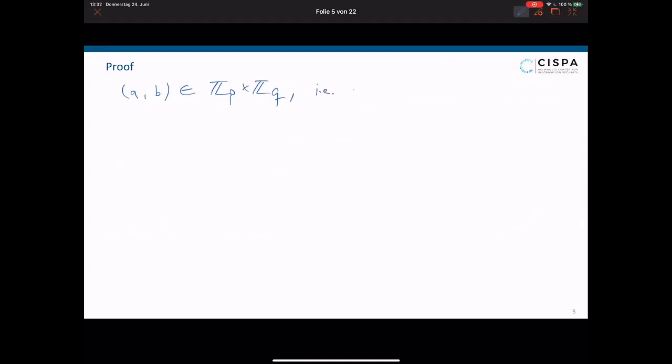In other words, a is an element of Zp, b is an element of Zq, right? Find x, so let's say psi is invertible.